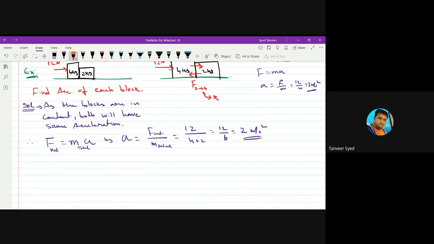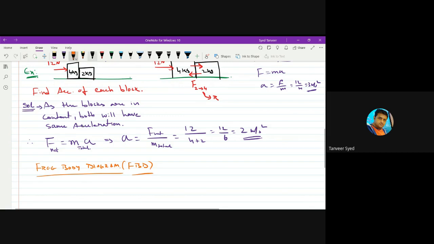To understand this, we get a concept called free body diagram. Very important, very frequently used term in this chapter. Free body diagram. In short, we call it FBD. What is this FBD?